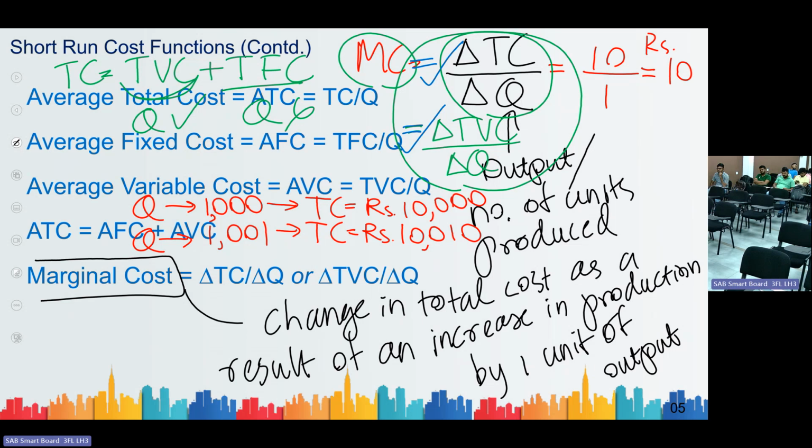Because of a change in output, only total variable cost will change, not total fixed cost.